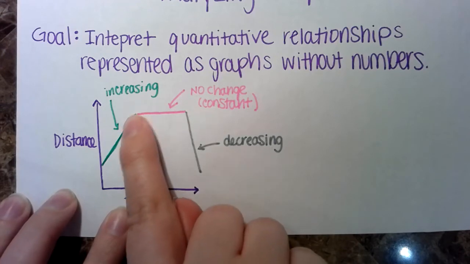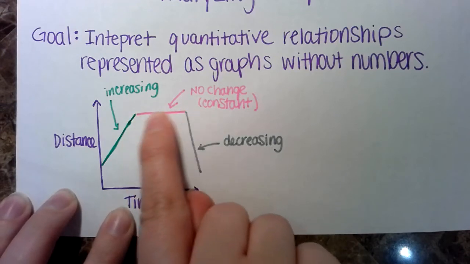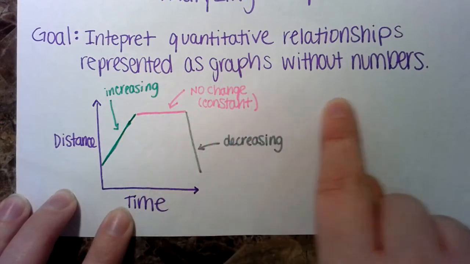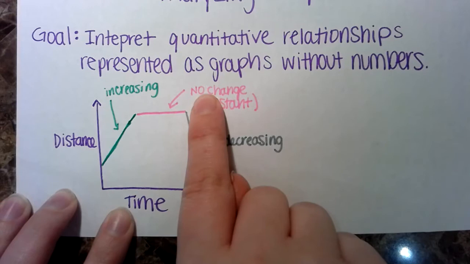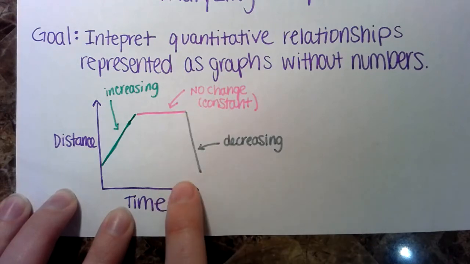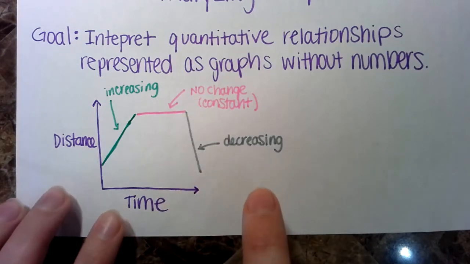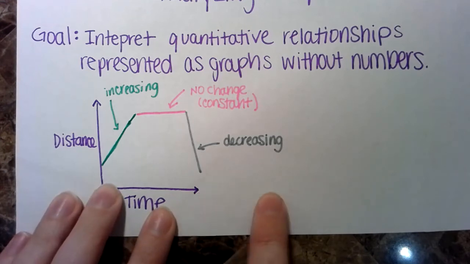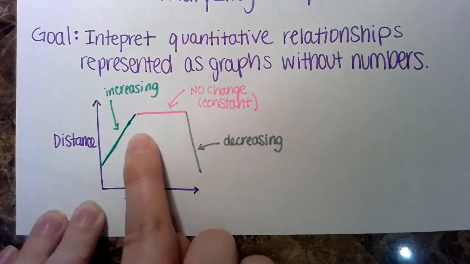So if you were driving the same speed limit, like 40 miles per hour at a constant, then that's why it's a straight line. Also, if you braked at a stop sign, your time would keep going, but you would remain constant, and it would be down at the bottom.